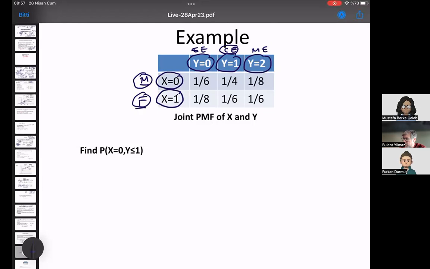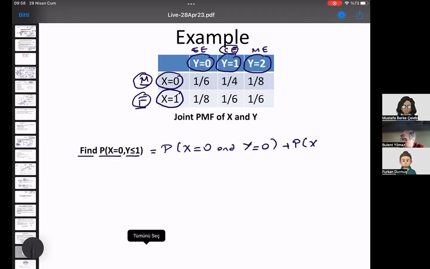For example, if I have such a question, find P of X equals 0 and Y less than or equal to 1. What does it mean? It will be probability of X equals 0 and Y equals 0 plus probability of X equals 0 and Y equals 1, right?